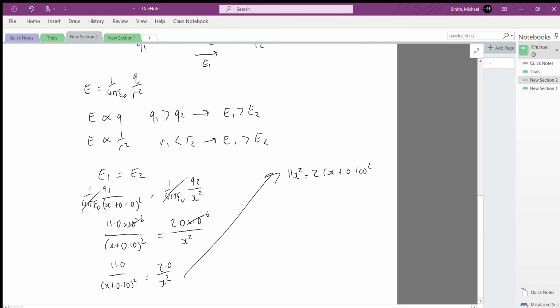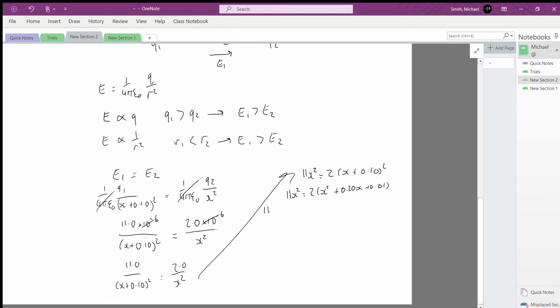Now we can expand all of this out. So we have 11 x squared is 2 times x squared plus 0.2 x plus 0.01, which now we can multiply everything by 2.